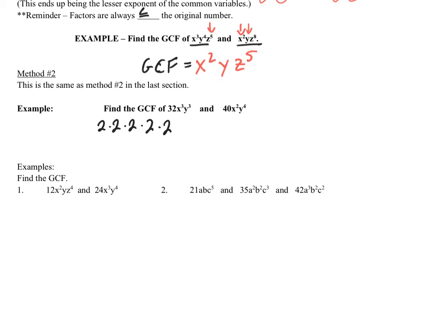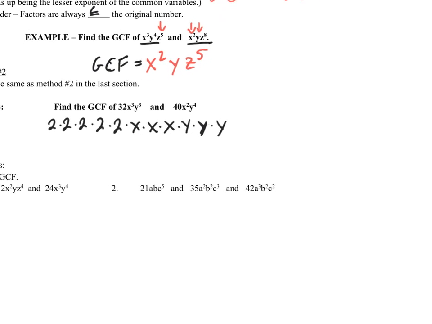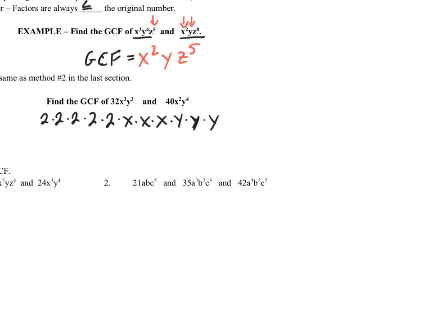So x to the third means x times x times x. Y cubed means y times y times y. And we're going to break down the other one too. 40, when we find the prime factorization of that, is 2 times 2 times 2 times 5. Then we'll have x times x for x squared, and y times y times y times y for y to the fourth.